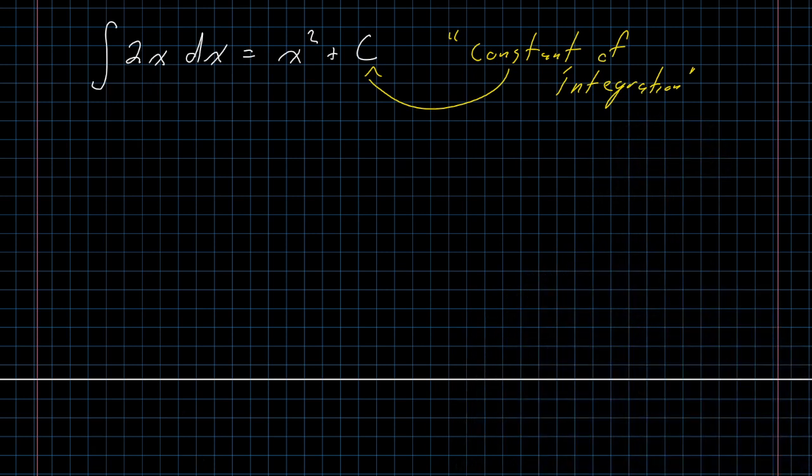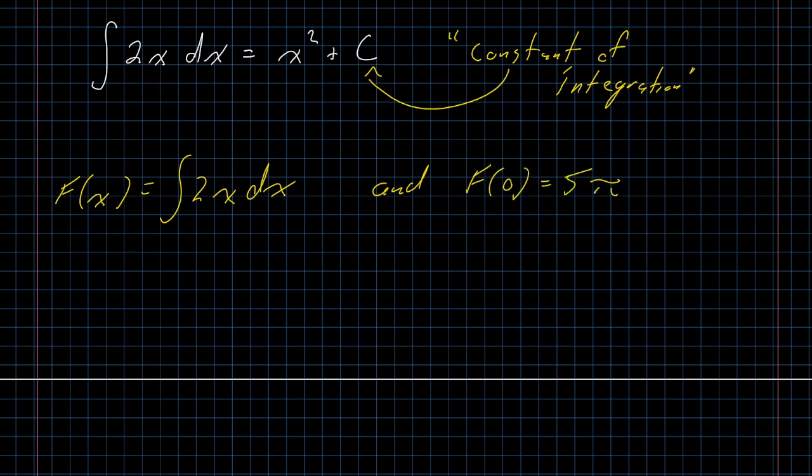And so if I have that f of x is equal to the integral of 2x dx, and I have that f of 0 is 5 pi. Well, using what I just said, f of x must be x squared plus c.